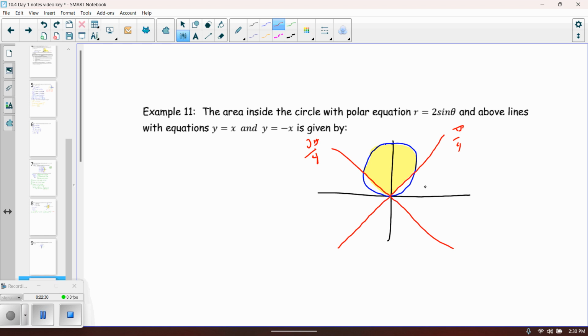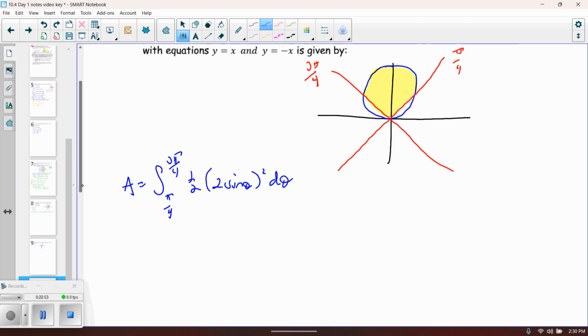So the area is going to be equal to the integral from pi fourths to 3 pi fourths, or again, you could go pi fourths to pi halves and double it, of 1/2 of (2 sine of theta) squared d theta. Okay, this one's pretty quick and easy overall.